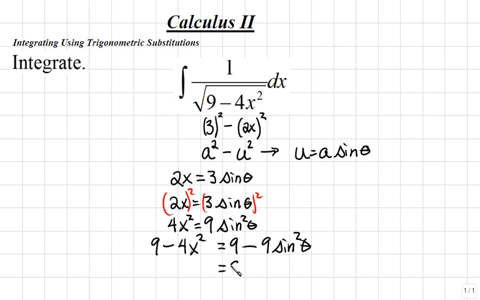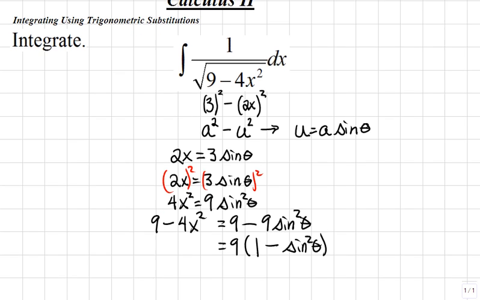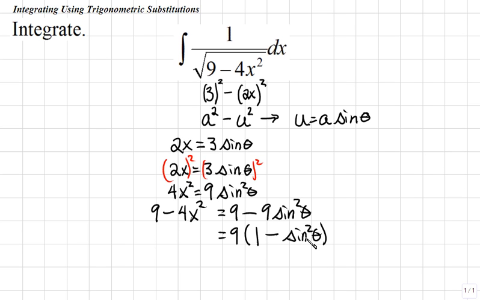We'll factor out a 9, so we get 9 times 1 is 9, minus 9 times sine squared theta is 9 sine squared theta. And 1 minus sine squared theta is a trigonometric identity for cosine squared. So our right side becomes 9 times cosine squared theta. So far, 9 minus 4x squared becomes 9 cosine squared theta.